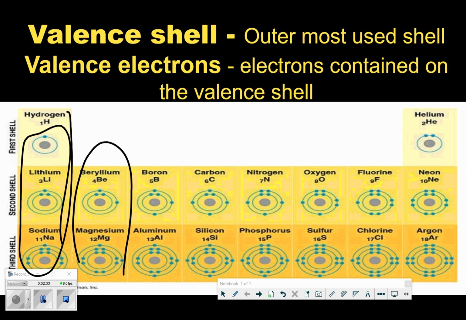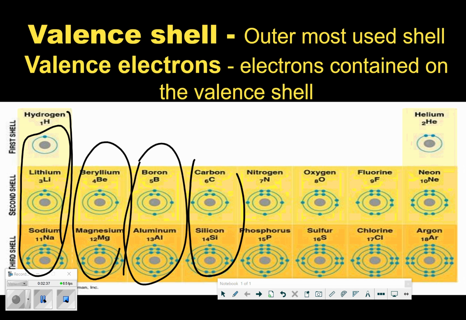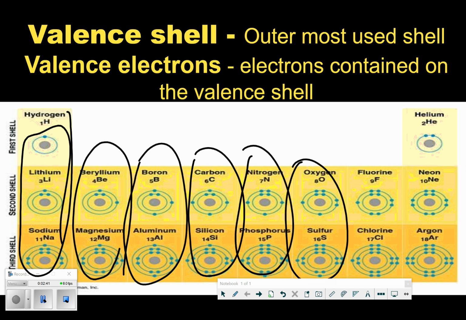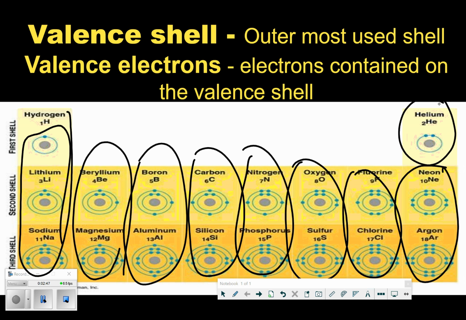Anything in this column has 2. Here has 3, 4, 5, 6, 7, 8, with the exception of helium, which has 2 because that first shell can only hold 2 electrons.